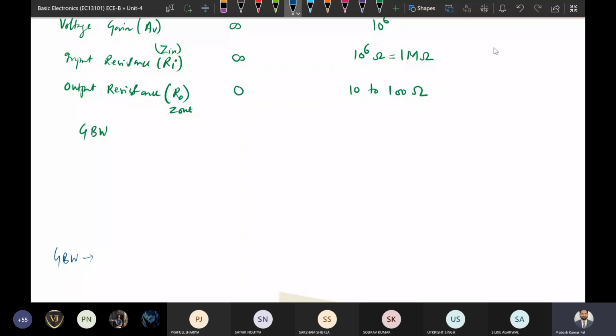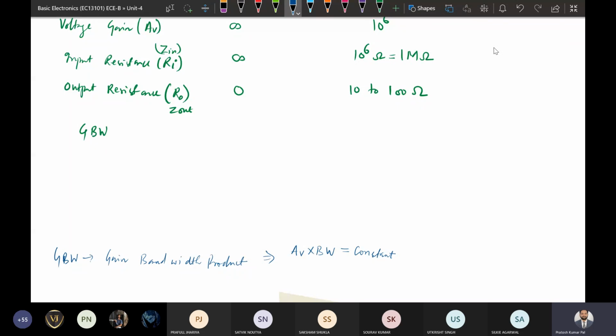Gain bandwidth product means gain, which in an operational amplifier we can consider as AV, multiplied by bandwidth. The gain bandwidth product is basically constant for an amplifier.